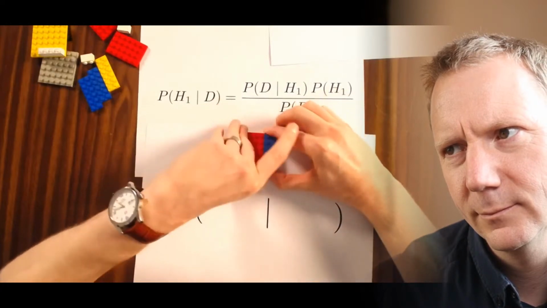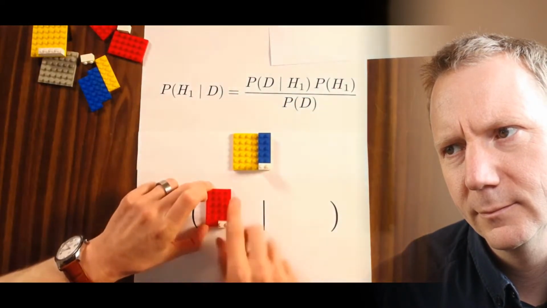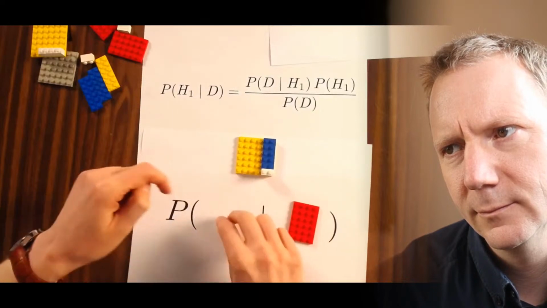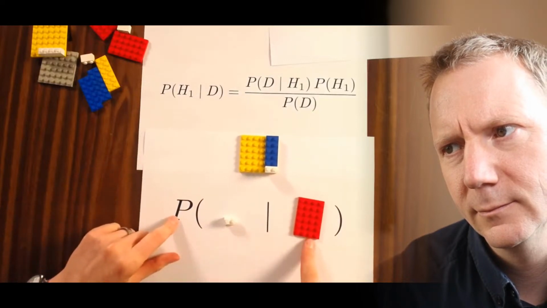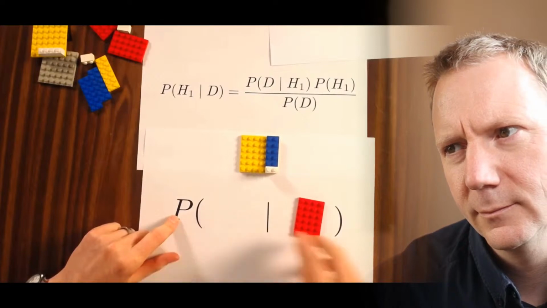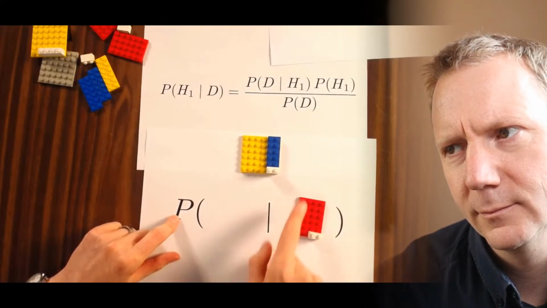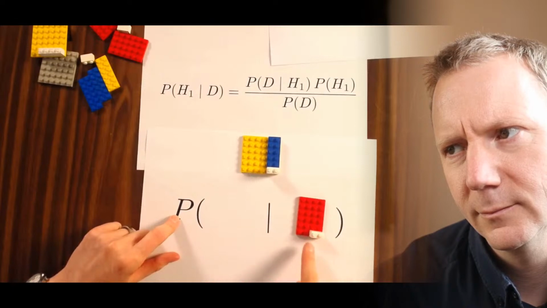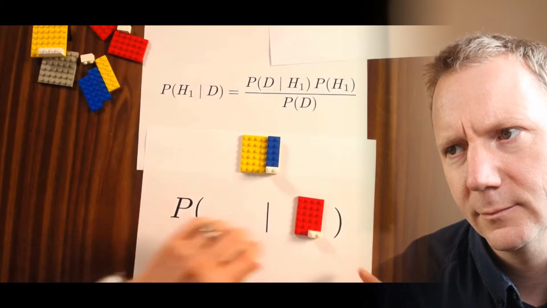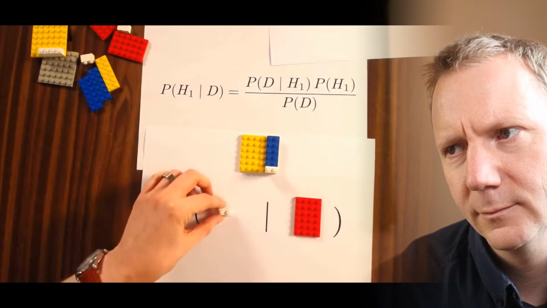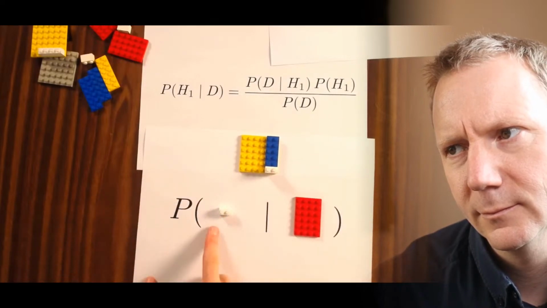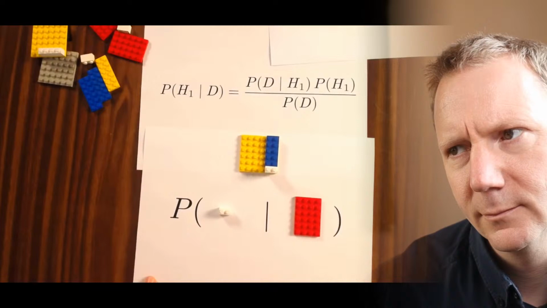This hypothesis, the probability of the data given this hypothesis. And we can calculate this probability as follows. This space contains 4 times 6 pegs, so a total of 24 pegs, and therefore the probability equals 2 over 24, or 1 over 12. And that is the probability of the data given the hypothesis.